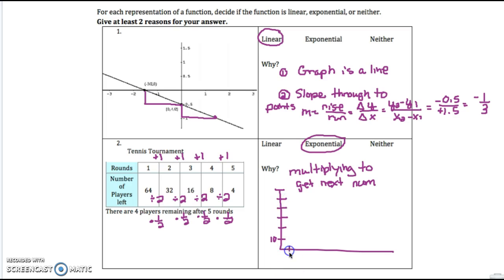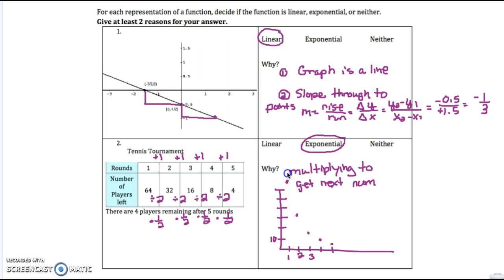And then if we did 1, 2, 3, 4, 5, 64 is going to be way up here. 32 is going to be here. 16, we're all the way down here. Then 8, and then 4.